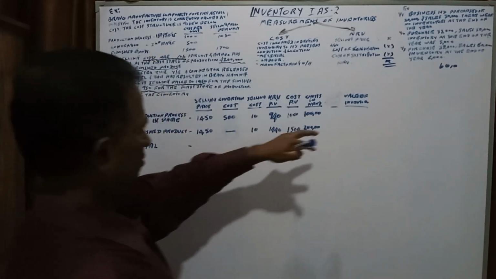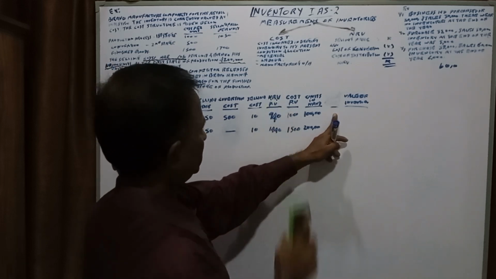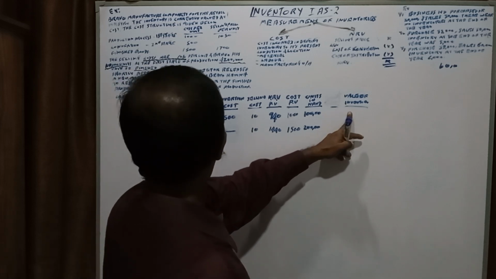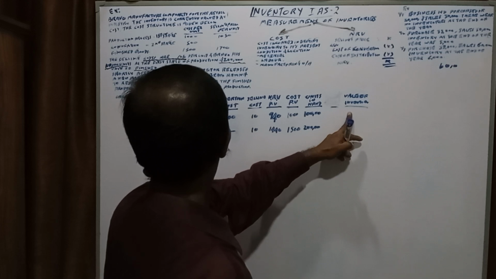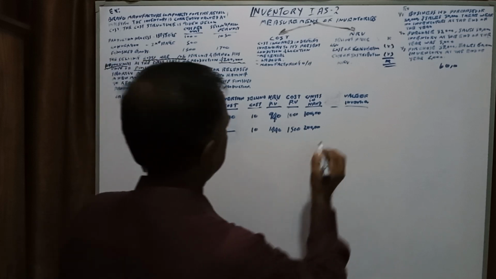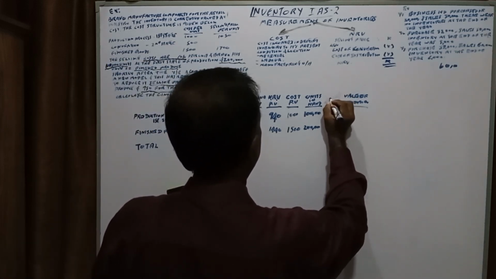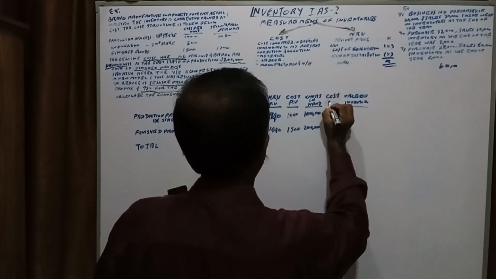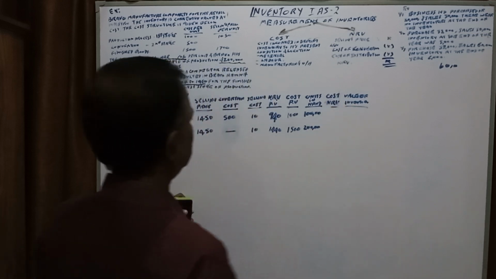If we say the price we have to apply, then we have to apply the net present value, and the value of the stock, the value of the inventory, right? So here we have to calculate cost or net realizable value, right?